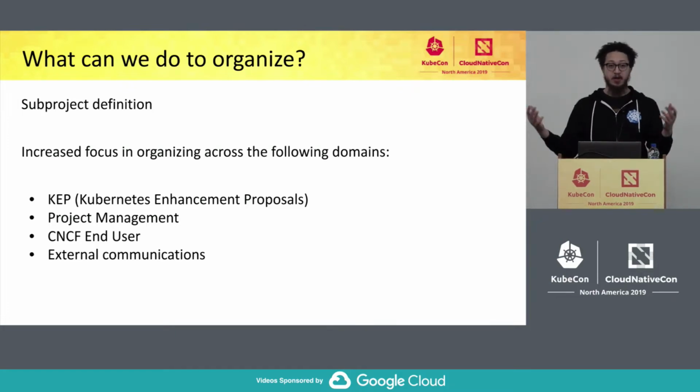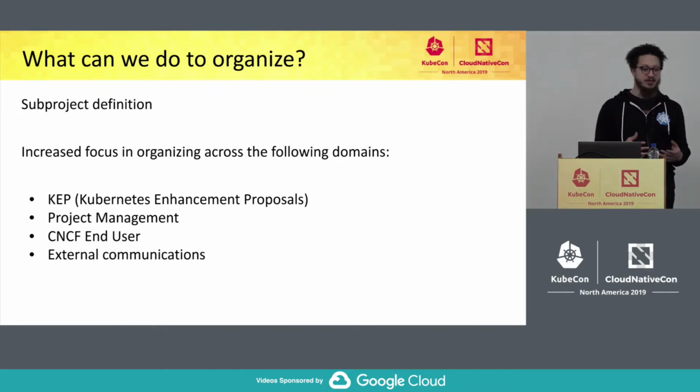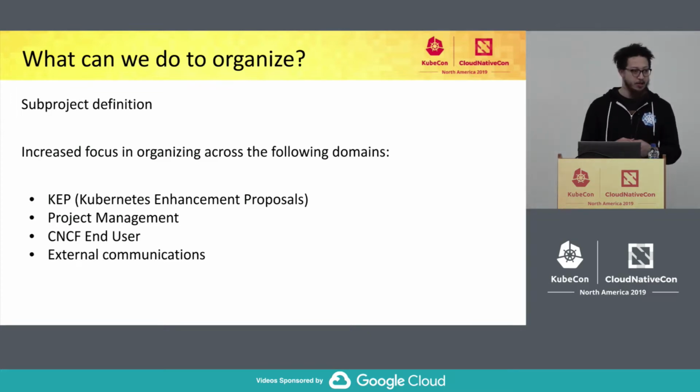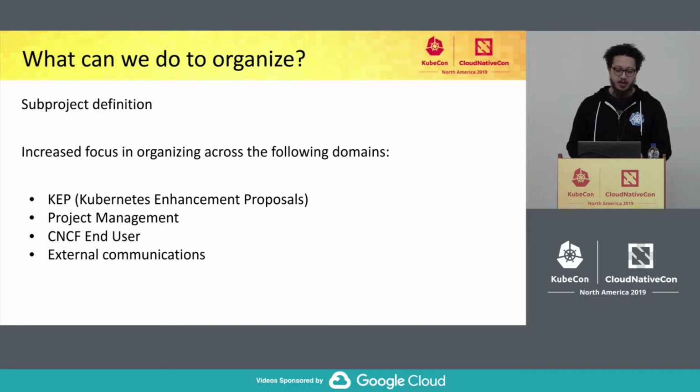So we're focusing on building automation around these things, which didn't exist until recently, and we're getting a lot closer. We have plugins, so if anyone's used Prow, we can turn on a project board plugin, which will, as you open issues in specific repos, toss them onto project boards for specific SIGs. So little by little, we're moving into that space.